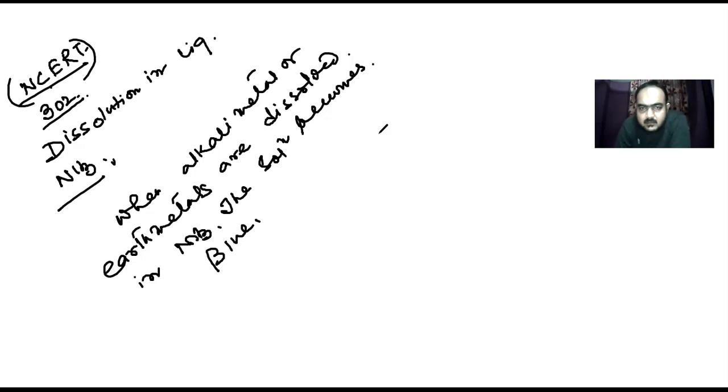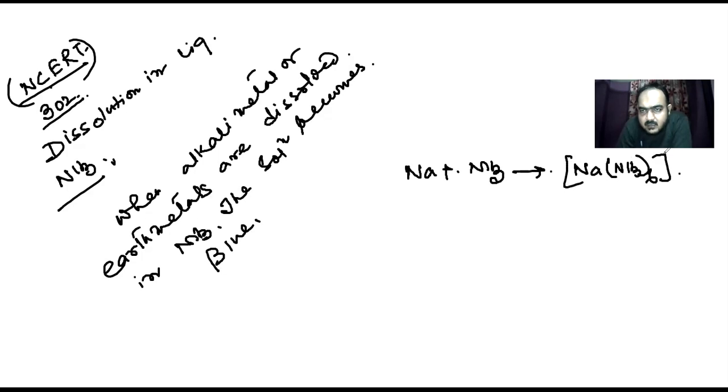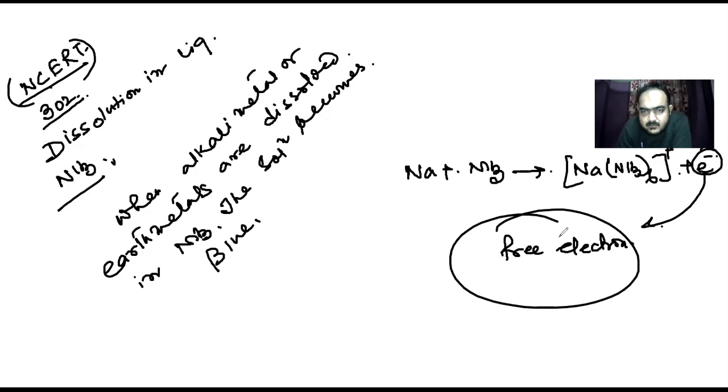When sodium is given in ammonia, an ammoniated complex Na(NH3)6 plus 1 electron forms. This is known as the free electron. Now this free electron is free to move.